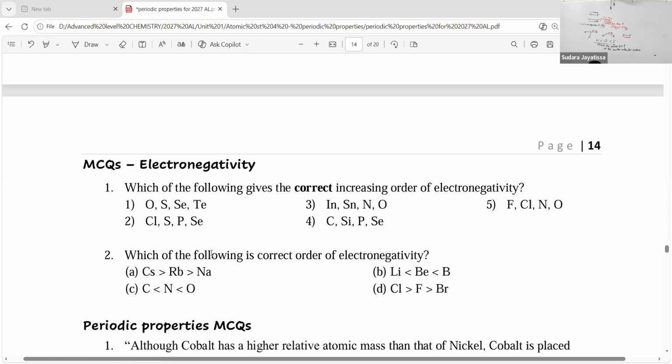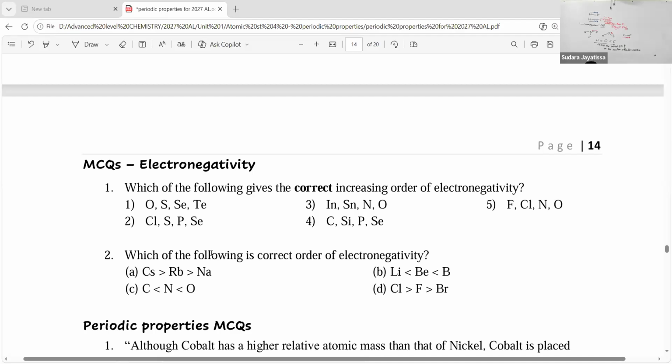Cesium should have the lowest electronegativity. Sodium is the highest, then rubidium, then cesium is the lowest. Use this table. In the exam, you don't have the values, so without values, find the answer.